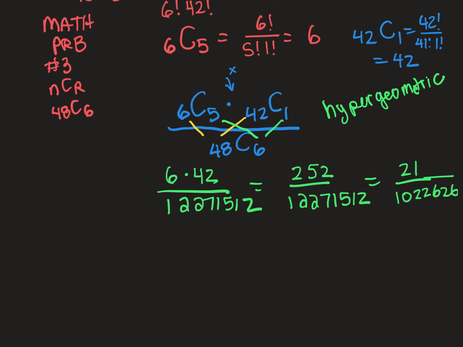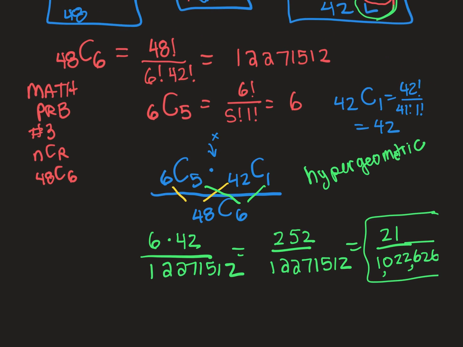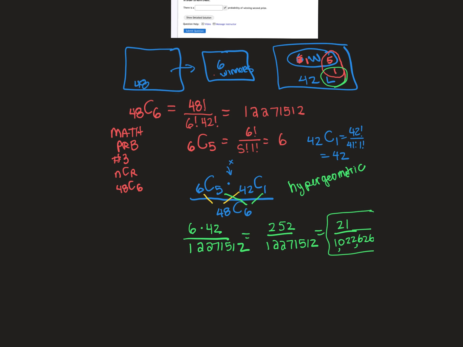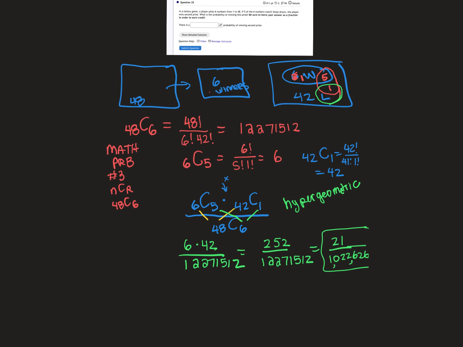So we reduce that to 21 over 1,022,626, taking out a common factor of 12. So this would be the answer that they're looking for. I'm sure they do not want the commas in it. Hopefully that is explaining how to find the probabilities for the lottery problem.